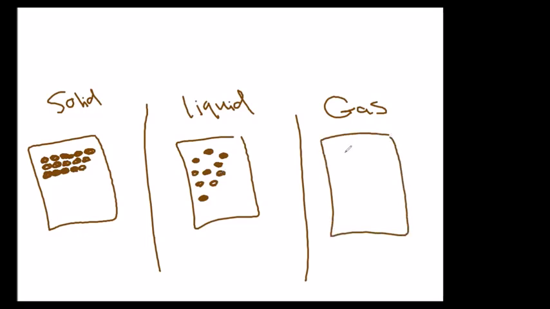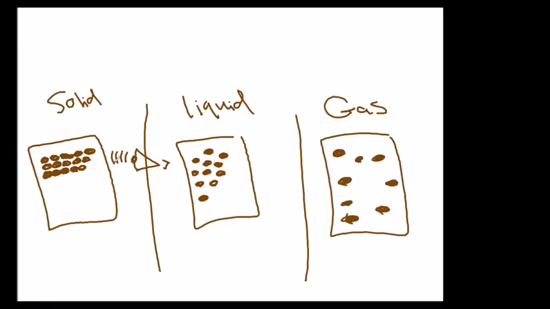We have solid, liquid, and gas, right? The particles of solid objects are really close to each other. Imagine these circles are the particles of the solid objects, like a wall, whatever.